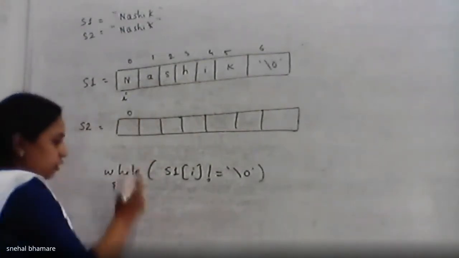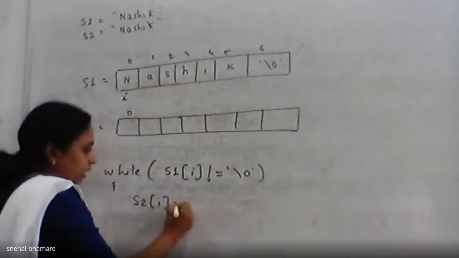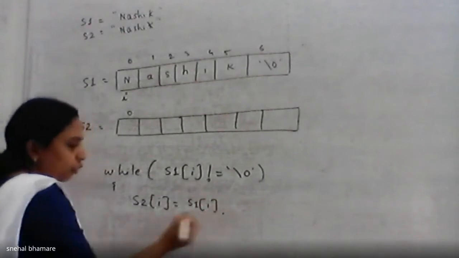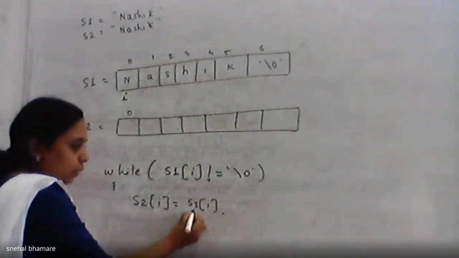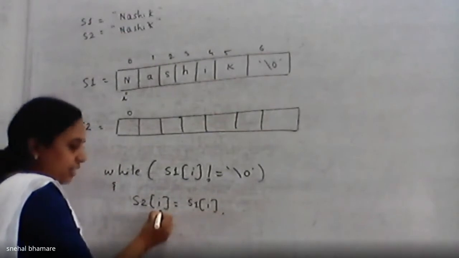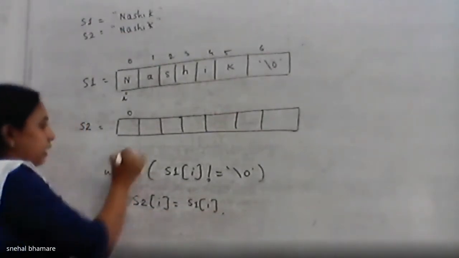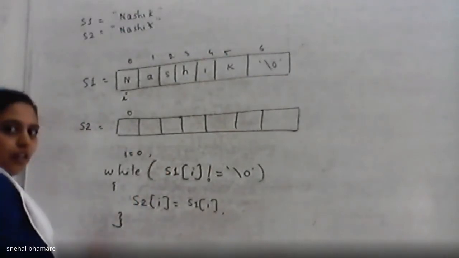Getting it? So here what I will do, S2 of I is equals to S1 of I. I have to copy the ith character of string S1 to the ith location, that is the same location, of the S2 string, right? Initially my I is equals to 0, right?